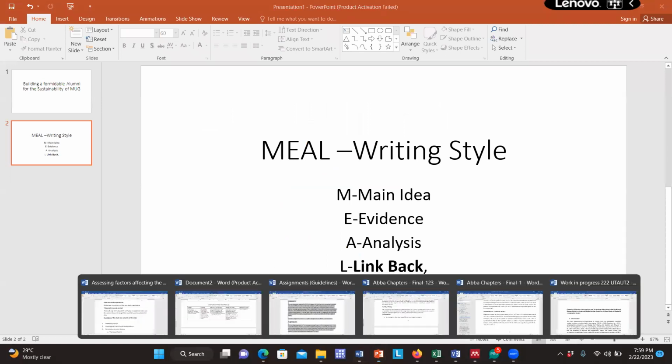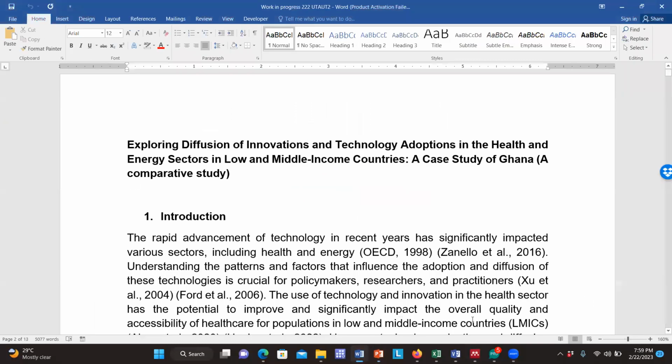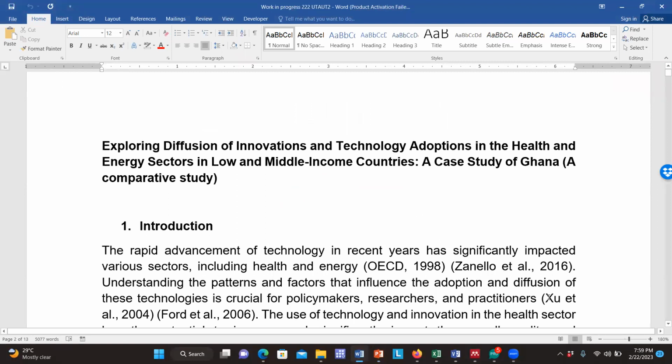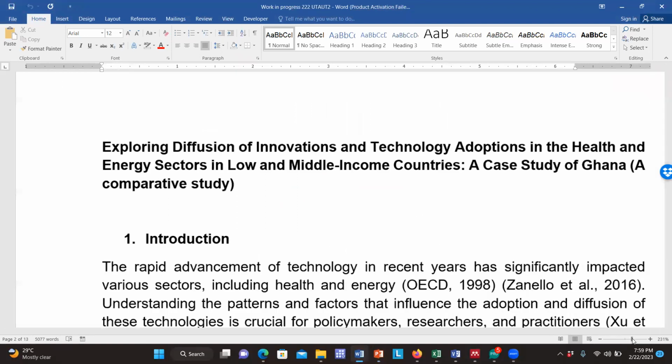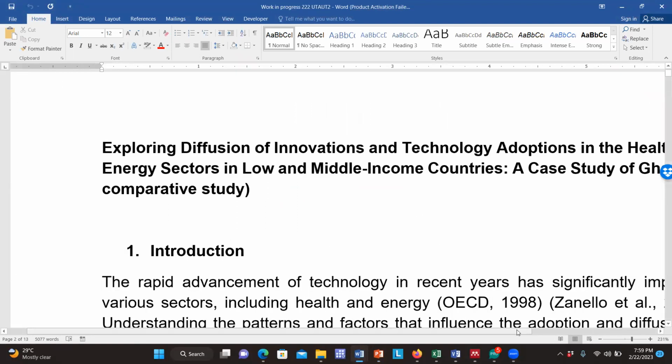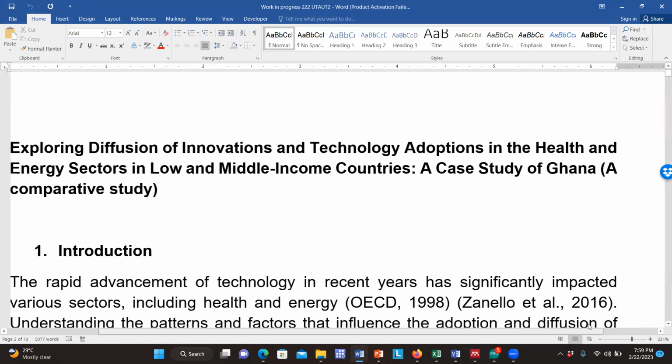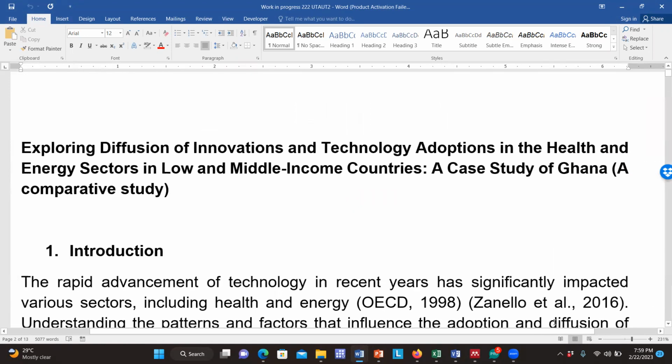So now I want to use this. This is a PhD work. And those doing masters, don't be scared. You know, those times when you see somebody doing the PhD, you're even very scared coming close to the person. The person looks like some small god, you understand?